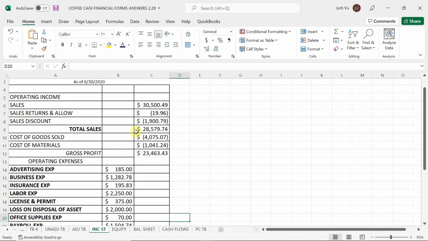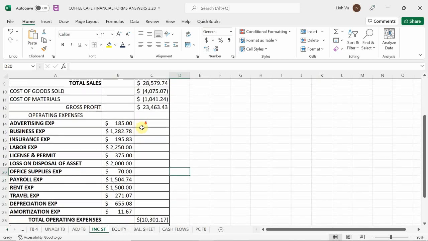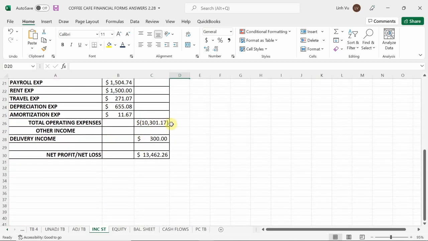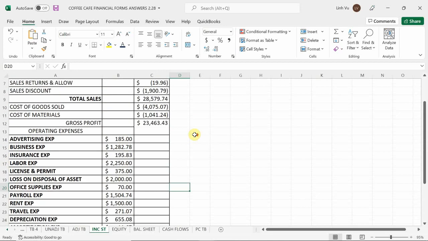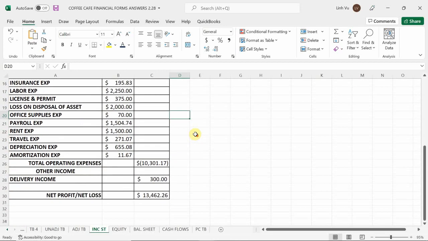Cost of materials to yield us a gross profit of $23,000. So $23,000 minus the $10,000 plus the $300, right, gave you a total profit of $13,462.26. Okay? So that is the income statement.